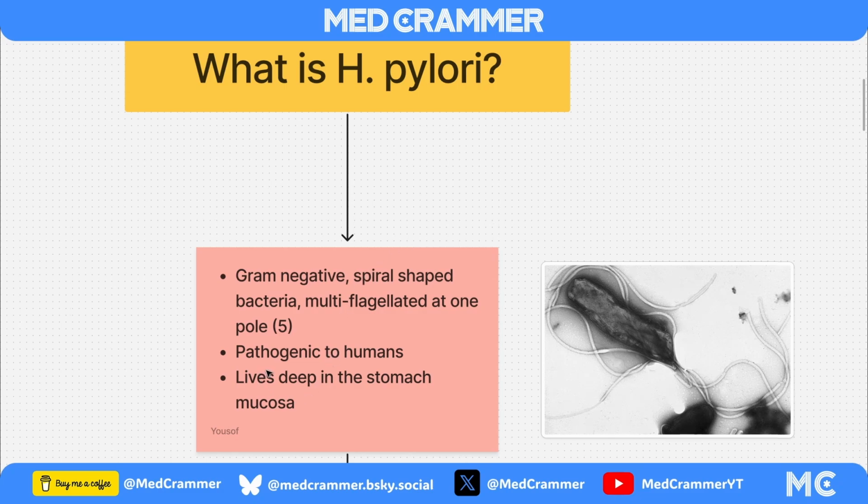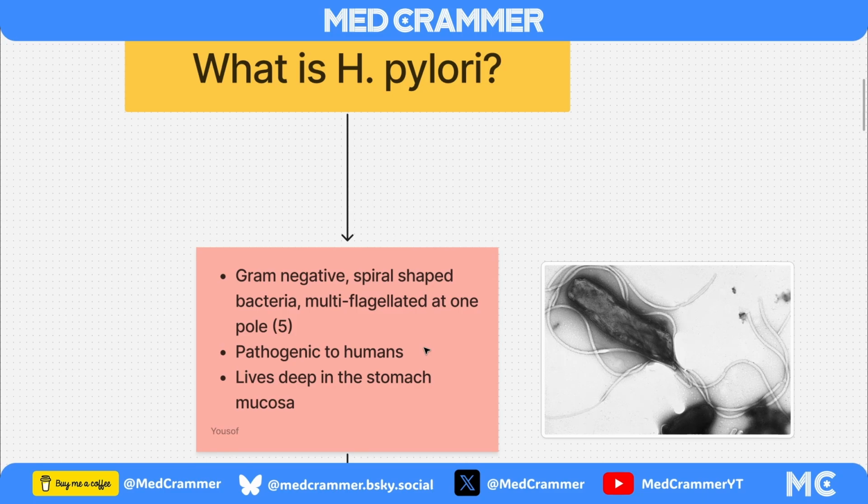And most importantly, it lives deep in the stomach mucosa. Now, this is very important because we're going to look at the pathogenesis and transmission of the bacteria. But basically, it lives in the stomach, but not on the epithelial layer, because as you might know already, the stomach has an acidic pH of 2 to 3, and this pH is too low for the bacteria to survive.